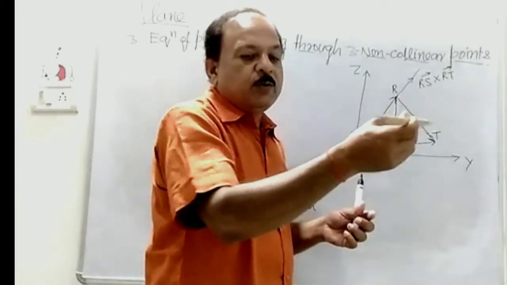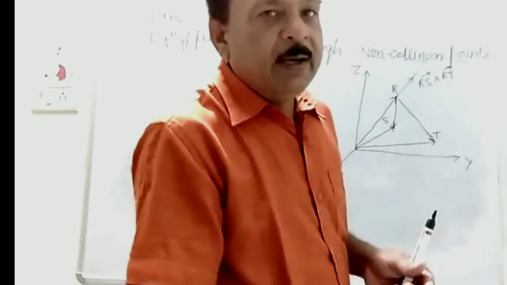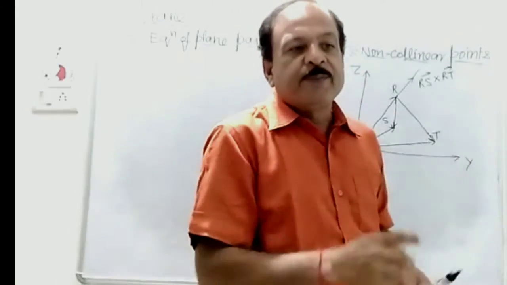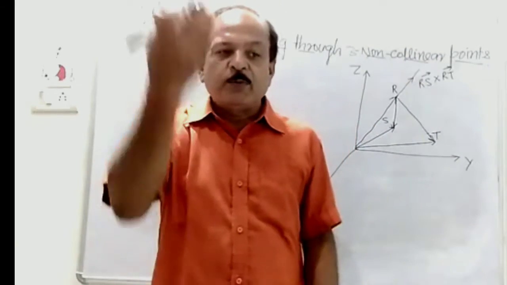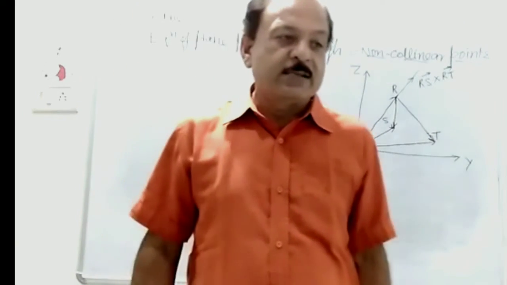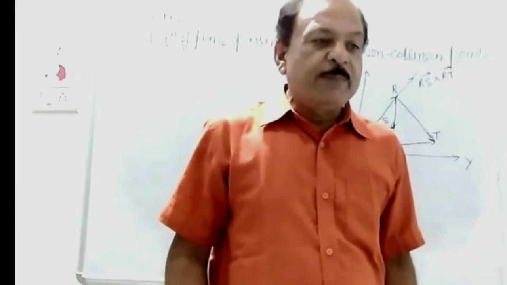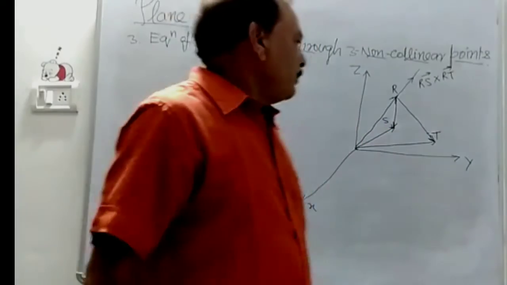This is perpendicular to the plane, meaning above the board, above the paper, in the upward direction. So this is how we get the equation of the plane passing through the three points.